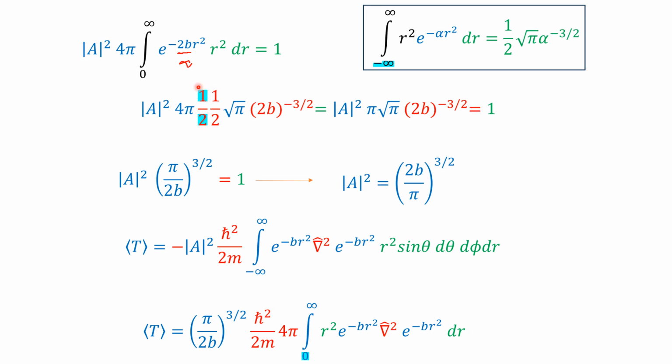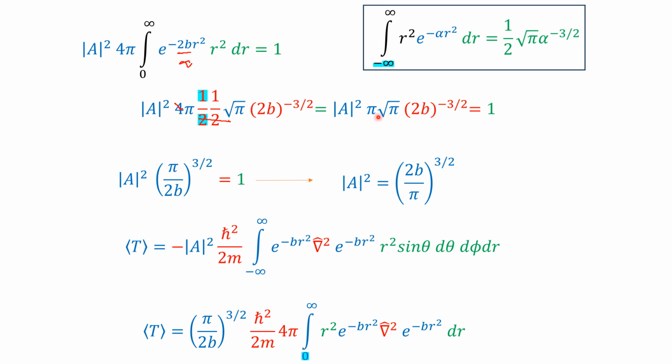Now you can simplify this. You can cancel this 4 with this 2 into 2. Now you will get |A|² π times the square root of π, (2b)^(−3/2), which must be equal to 1.